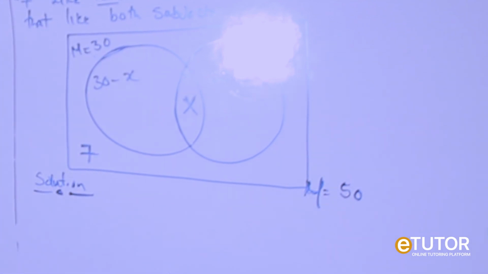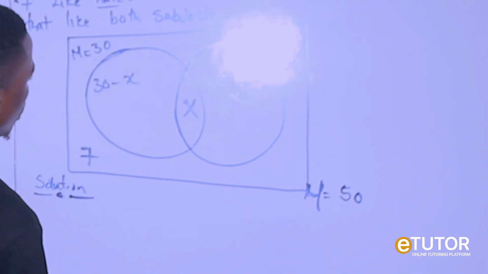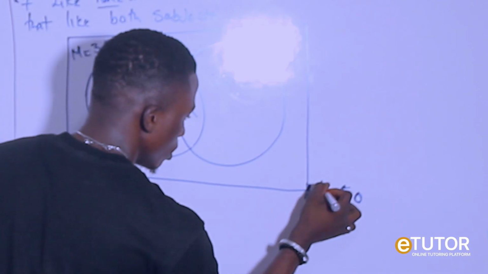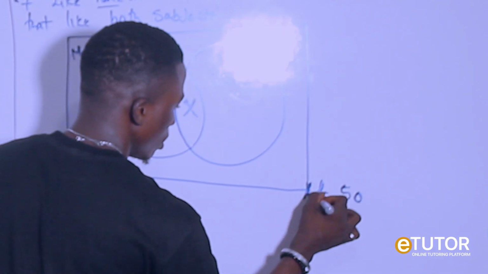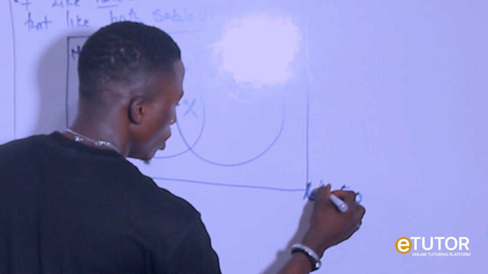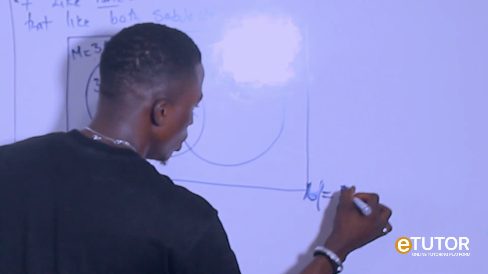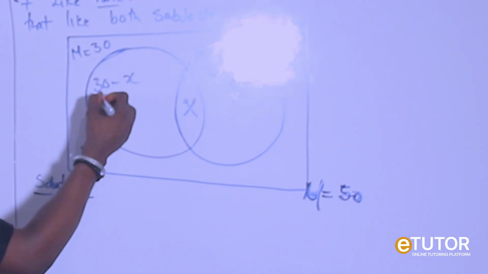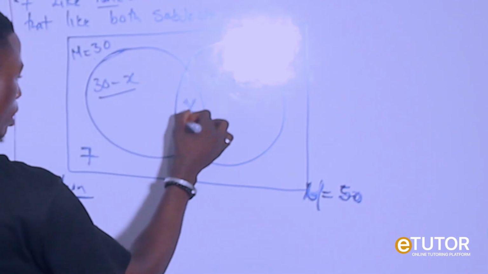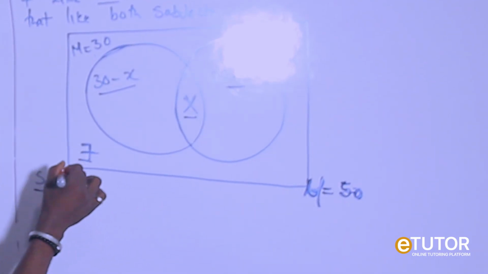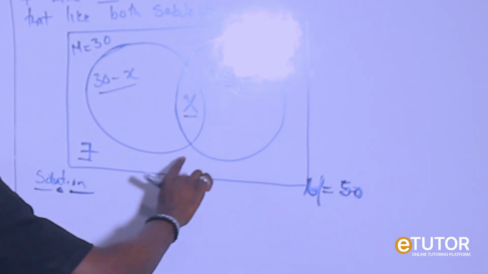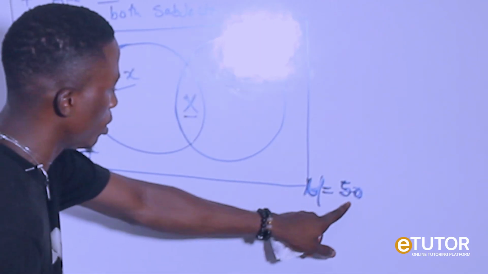But we still haven't solved for X. So let us solve for X. Now, the universal set, remember, is the mother set. That means the population of everybody in the school is 50. So to find the value of X, you have to add everyone in the school together and equate it to 50.